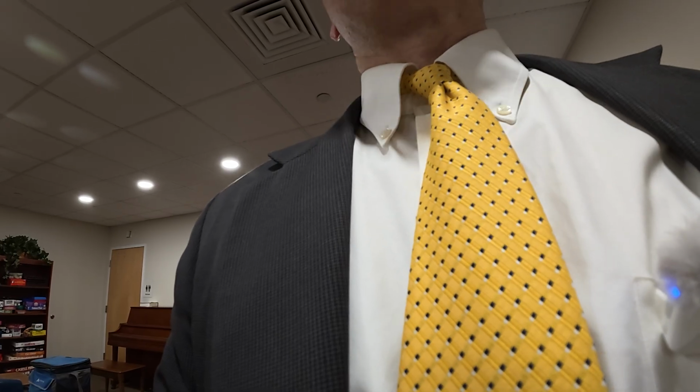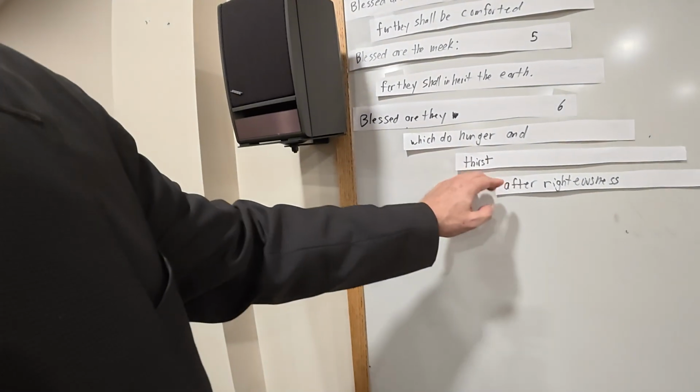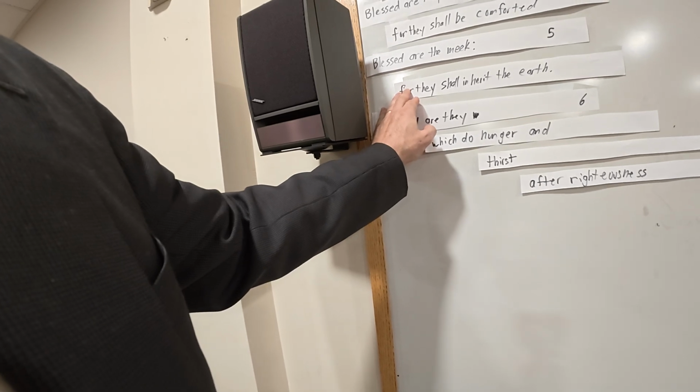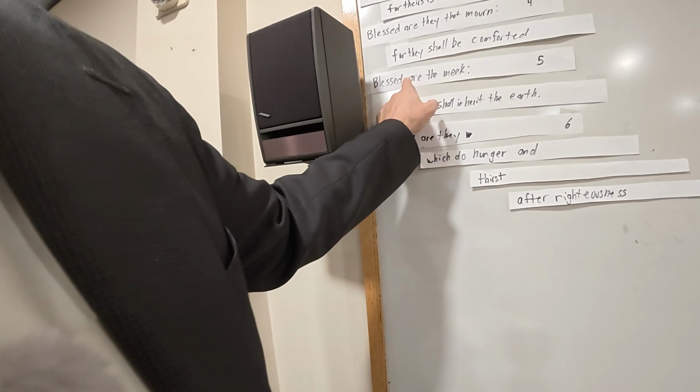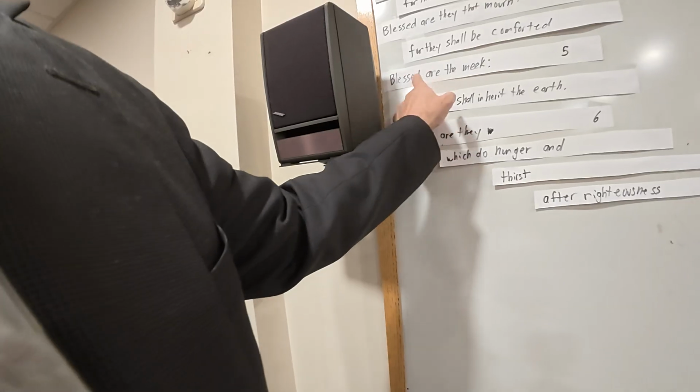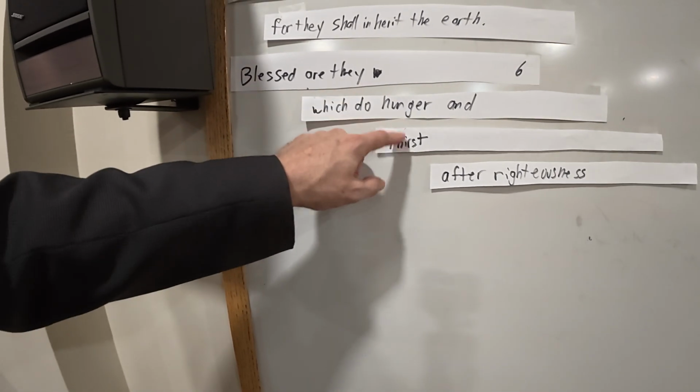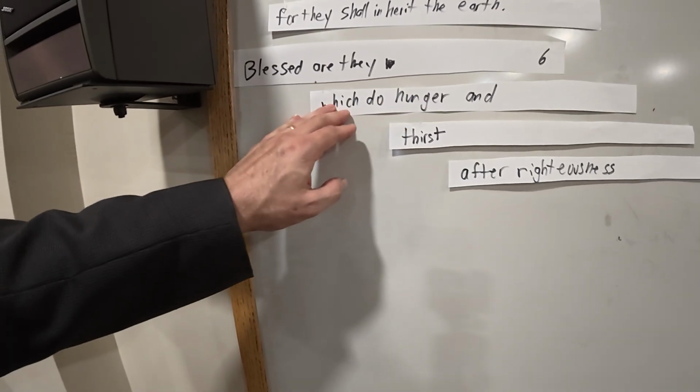Let's see if he tapes it in the correct place. Yes. So after righteousness, we have a new phrase. It's not like any of these. It is a preposition, but it's not a preposition that goes with one of these phrases, like blessed are the meek. So here we got hunger and thirst. This is lined up. Here's our clause.